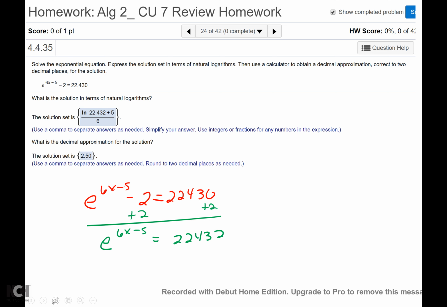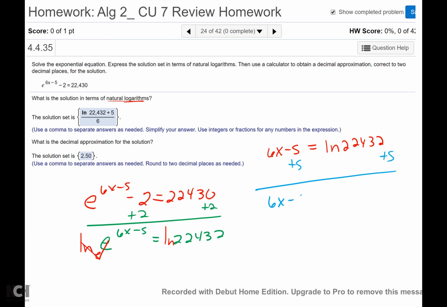Okay, so now I can ln both sides. And ln basically cancels, which drops 6x minus 5 equals, they want the solution in terms of natural logarithms, so we don't actually want to type this in the calculator yet. So that's going to be ln of 22,432. So now to get x alone, I would add 5.